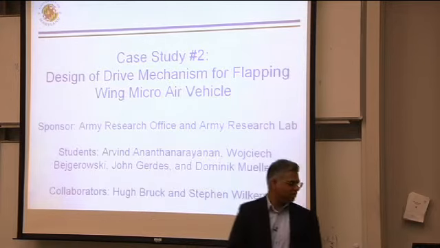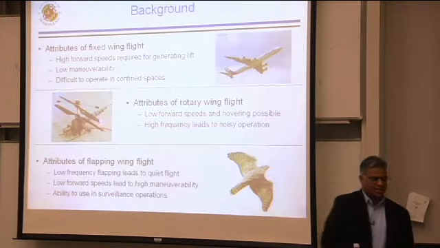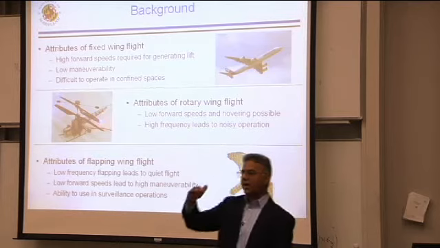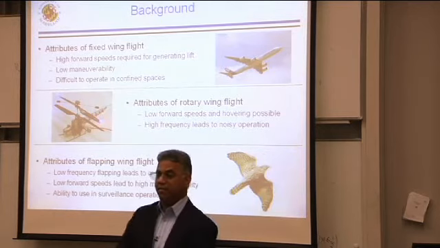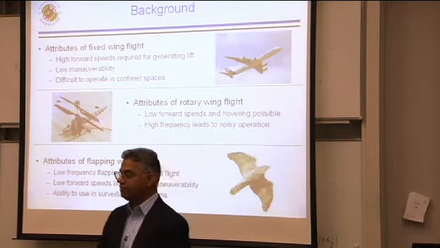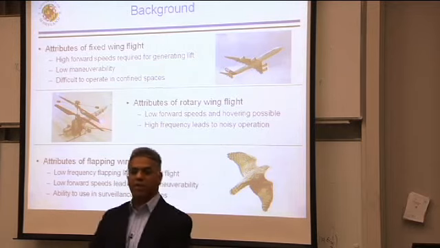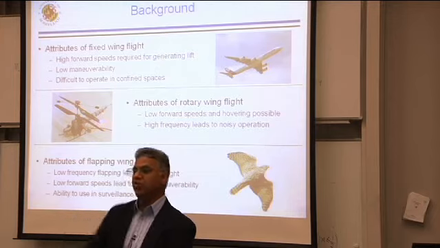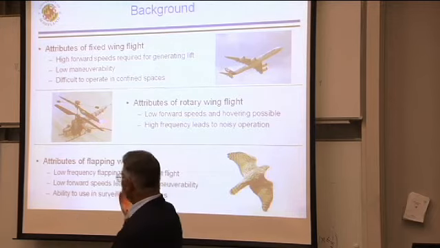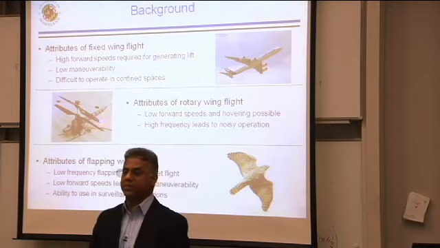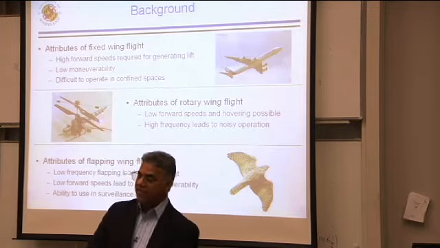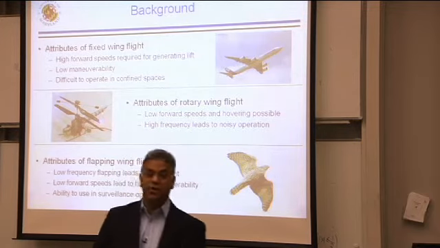So why the interest in this thing? Fixed wing flight is very efficient, with a lot of speed, but poor maneuverability. You can't really maneuver in a tight space. Rotary wing flight, which is helicopters, is not very efficient, but has very good maneuverability.